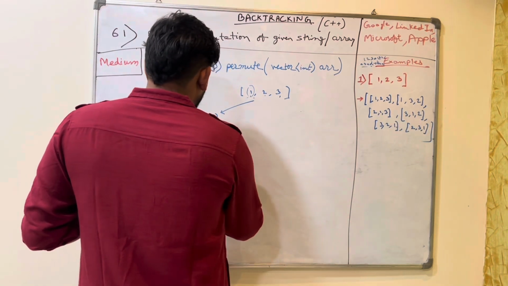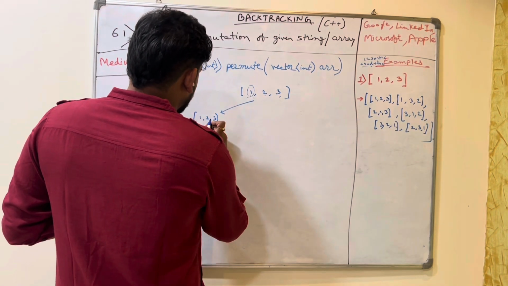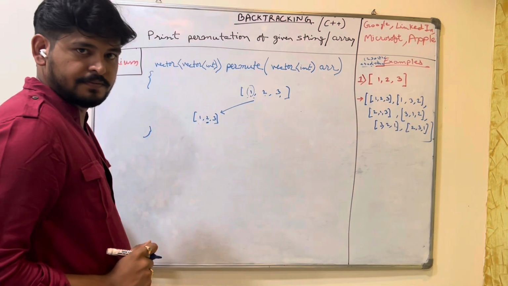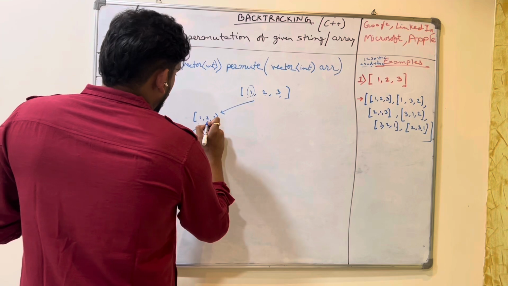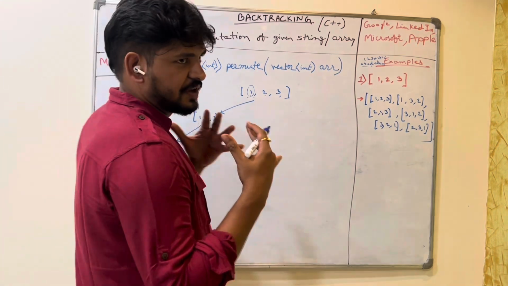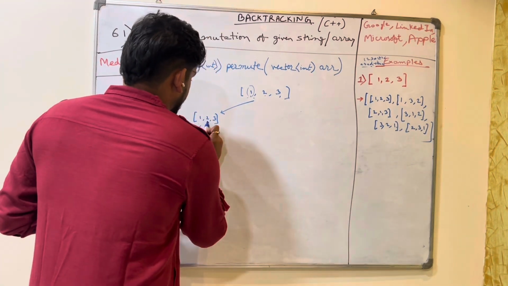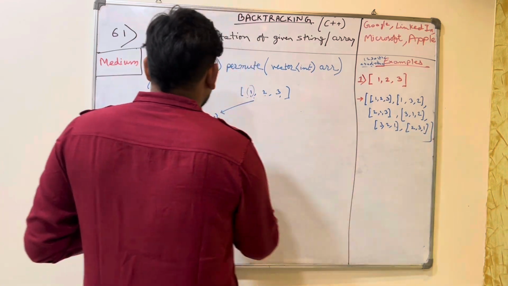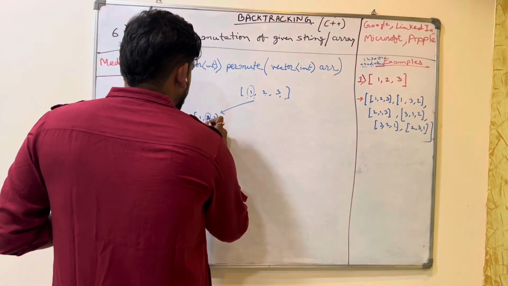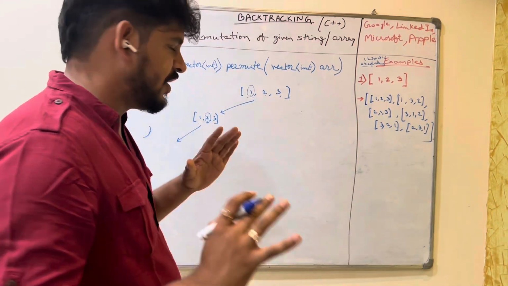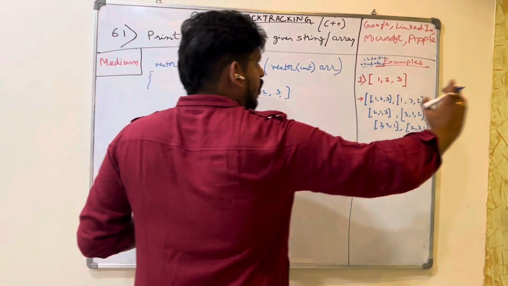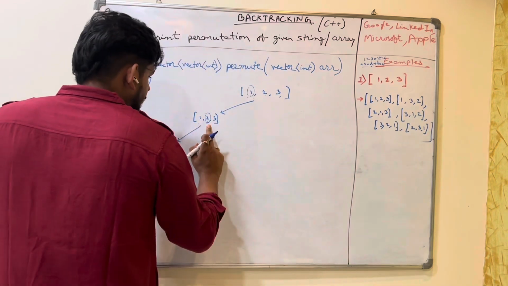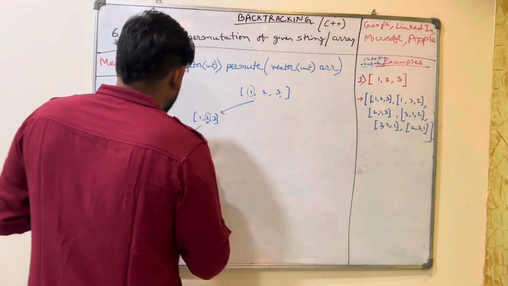Now once we have swapped it 1 with 1, our index goes to 2. Now we swap this 2. What positions can we swap from 2? We have traveled over here, so we need to go in the right direction. First we will swap the value of 2 with 2. You will understand gradually what we are doing. We are swapping the value at its position and then going ahead and swapping it. So just stick to the video, you'll understand.